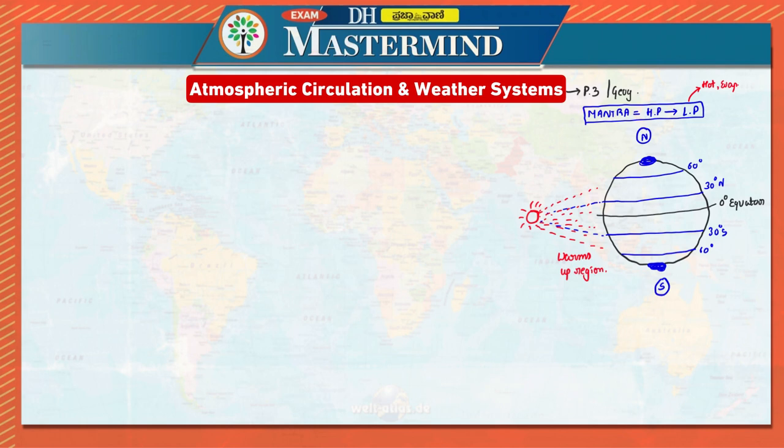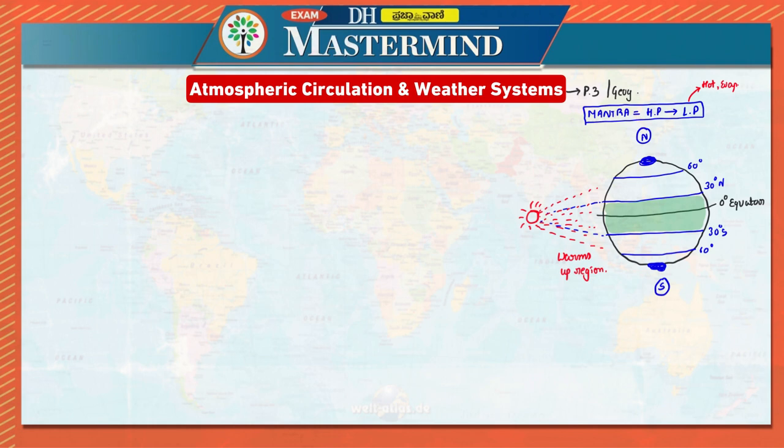This particular region is the tropical region, and it receives more sunlight. Because there is more sunlight, the air also warms up. Until here, remember, this is the basics.